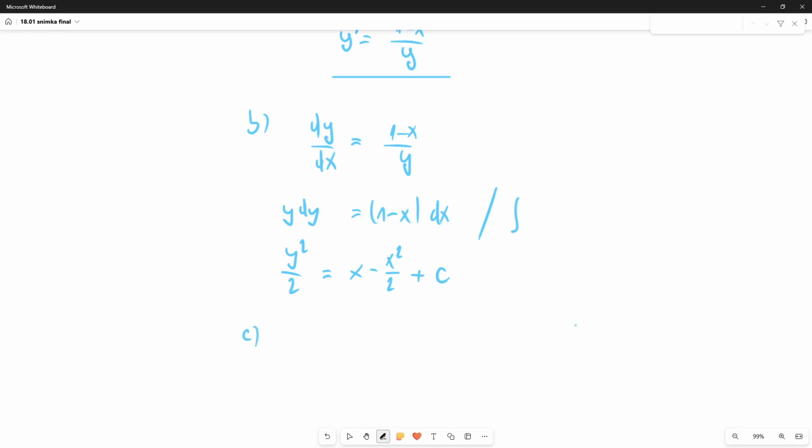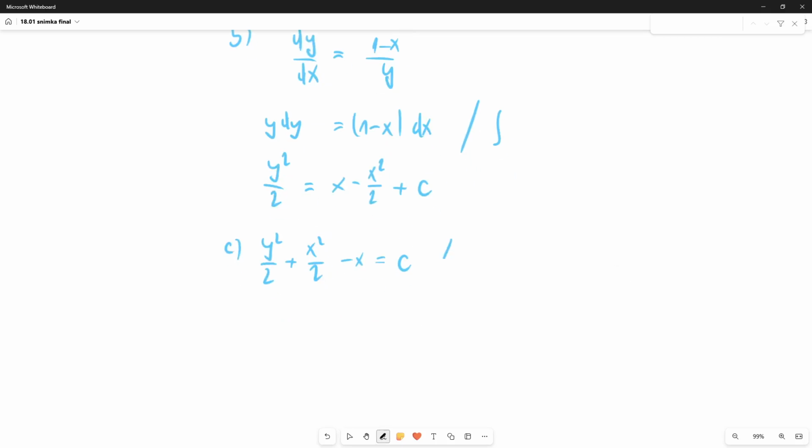We can transform and place everything except for c on the left hand side. So we have y squared over 2 plus x squared over 2 minus x is equal to c. Then we can multiply this by 2. x squared plus y squared minus 2x is equal to 2 times c. I will call it k.